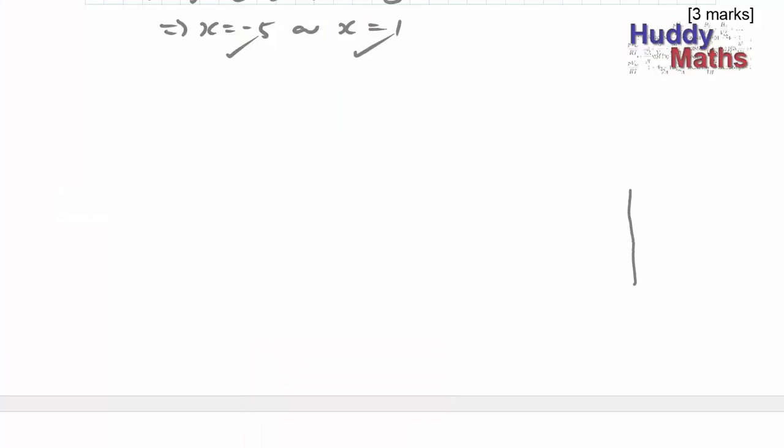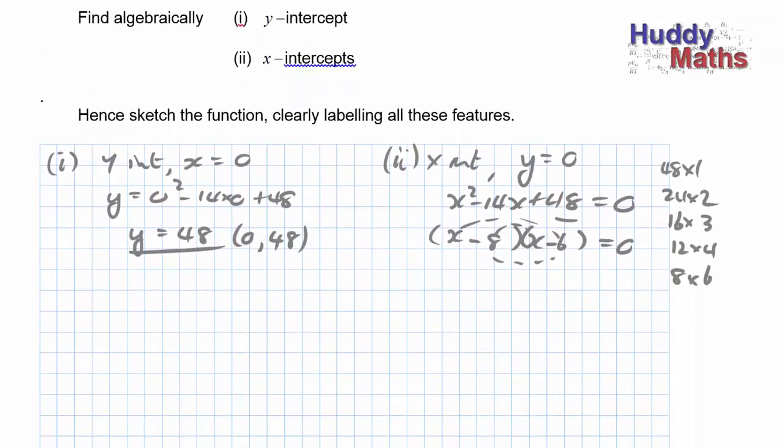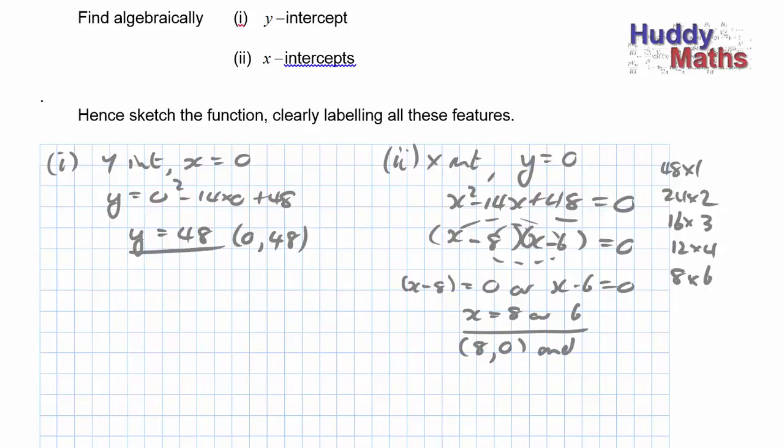Okay, so either x take 8 is 0, or x take 6 is 0. So x is 8 or 6. So there are 2 x-intercepts: (8, 0) and (6, 0).